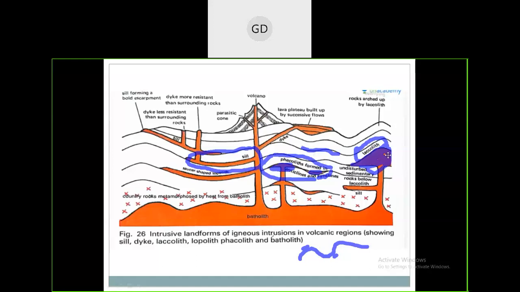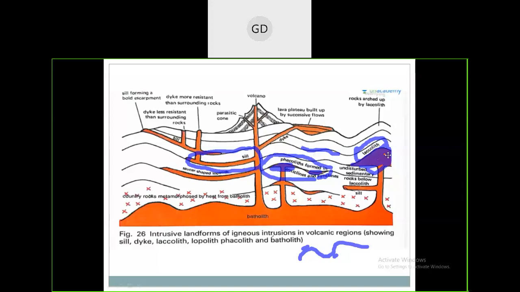So these four are your concordant bodies. Next, we will come to discordant bodies, and the first one is your dikes. In concordant bodies, all the magma intrusions are happening along the bedding planes, or parallel to the bedding planes.